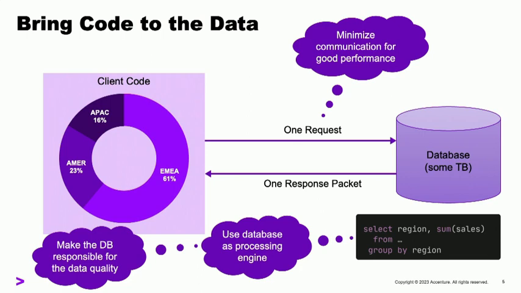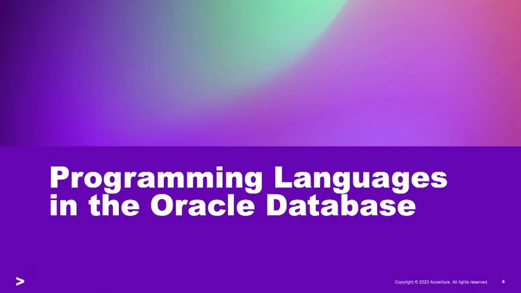I want to rely on the data to enable the database to get me the response as fast as possible. And that leads to basically 2 incentives to push code into the database. One is the performance, and one is the consistency, the quality of my data.